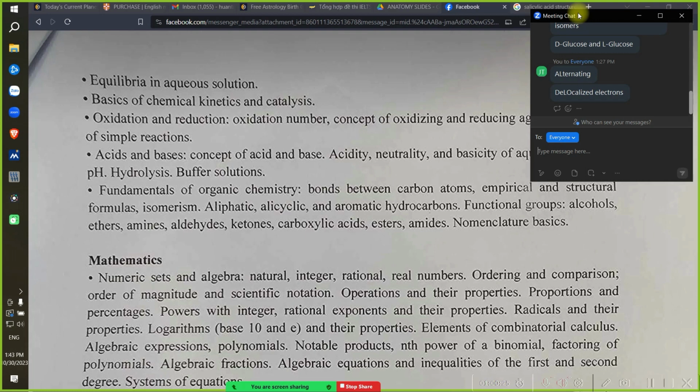The simplest alkyne is ethyne. And the alkyne carbons are sp hybridized with a linear geometry.